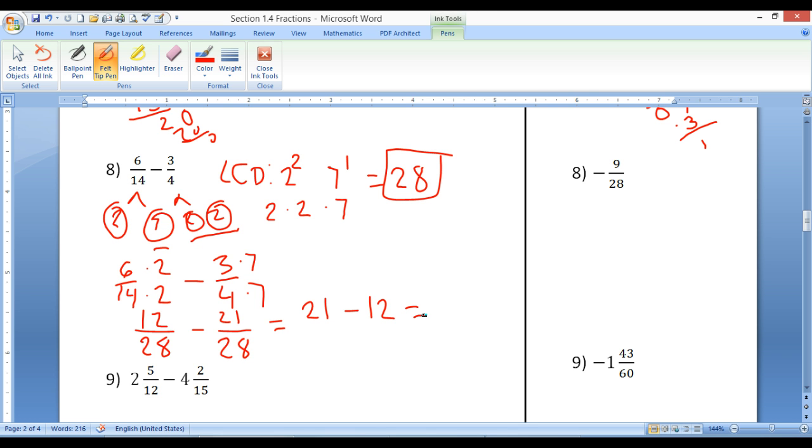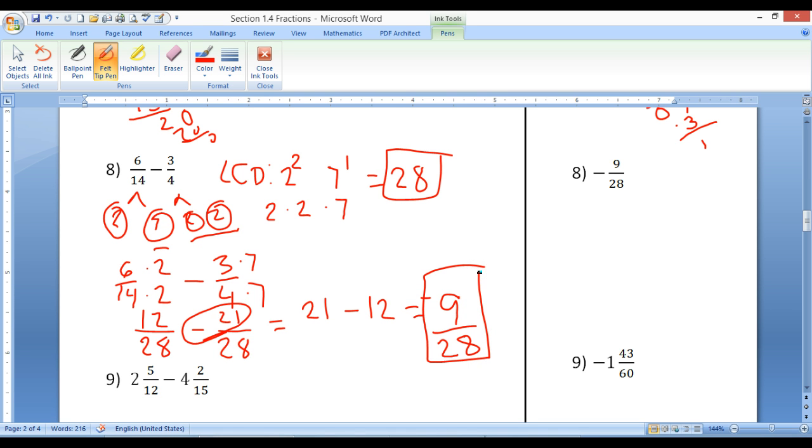If you need to borrow, go ahead. Those of you who are okay just subtracting that know that it's 9. And then do not add and subtract the denominator. You keep it, so it's 9 over 28. But remember, the 21, it said minus 21, which means I'm going to end up in the hole, which is negative 9/28.